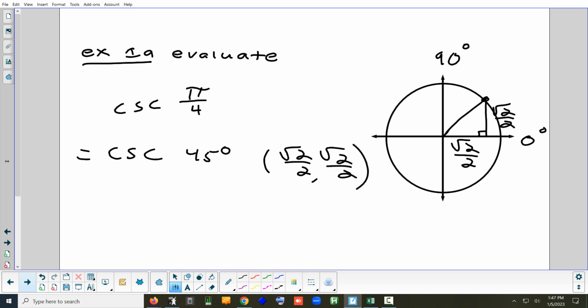Okay, so now we want cosecant. We should know which one to flip, even though if you pick the wrong one, you'd still get it right because they're the same. But if you're doing cosecant, which one do you flip? You flip the y. So when we take the y and flip it, we get 2 over root 2.